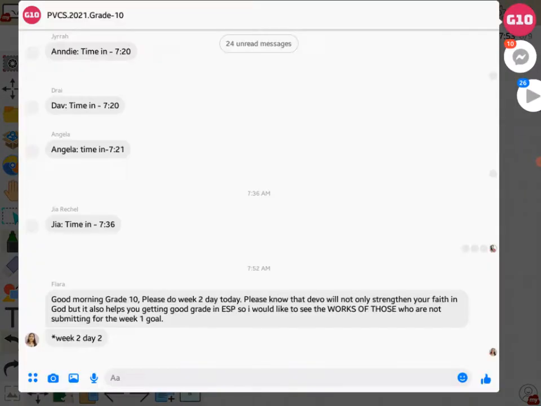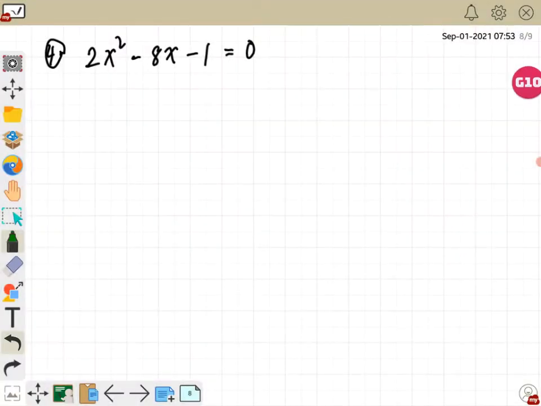Okay, so we have here 2x squared minus 8x minus 1. We have to get rid of 2 by dividing it by 2. Not really get rid, but simply make the coefficient of x squared equal to 1.